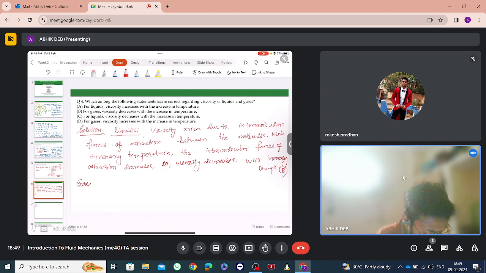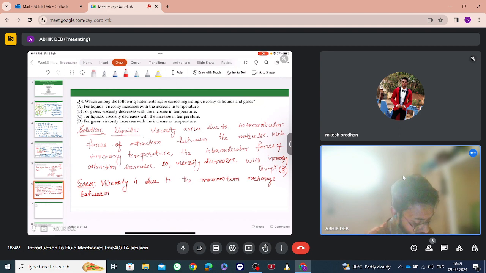Similarly, for gases, the viscosity is due to the momentum exchange between the molecules.